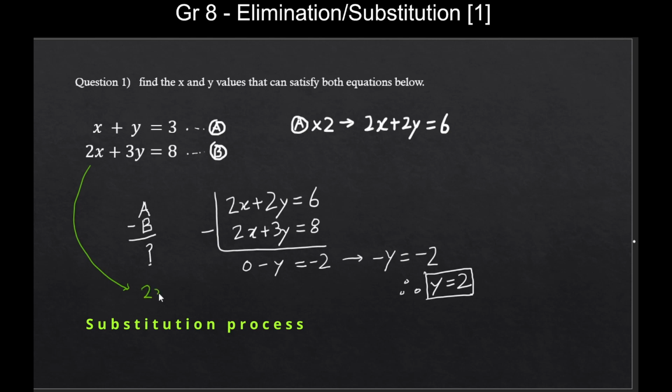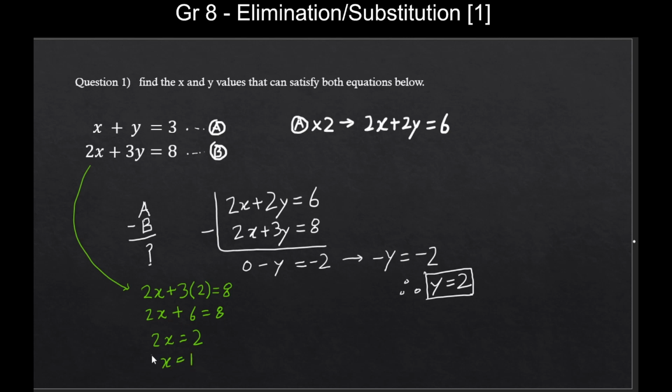So it's gonna be 2x plus 3 times 2, because the y value is 2, equals 8. Let's see. 2x plus 6 equals 8, which means 2x equals 2 and x is equal to 1.